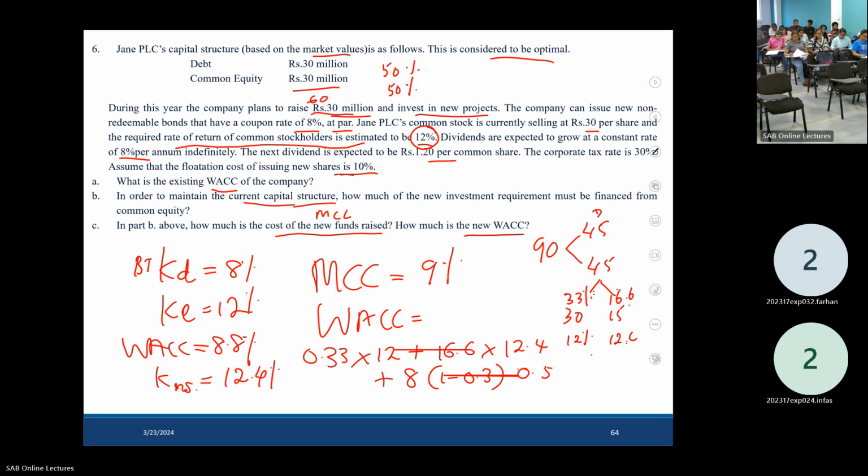33. The total is 90 million. 33 weight equity is coming at the cost of 12%. 16% weight equity is coming at the new cost, 12.4%. Balance 50% coming at the 8% cost. So this is the new weighted average cost of capital.